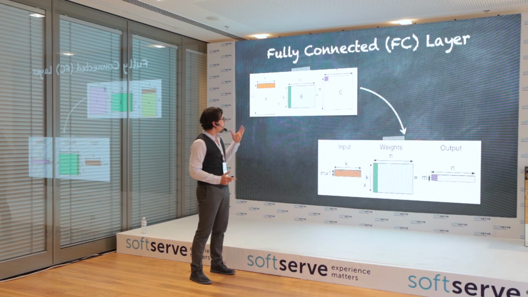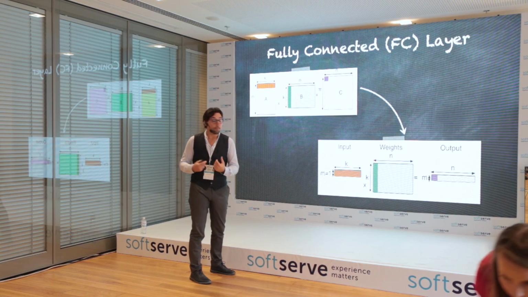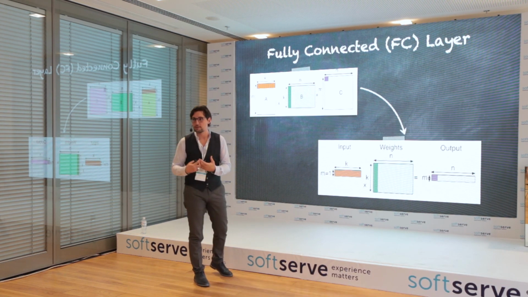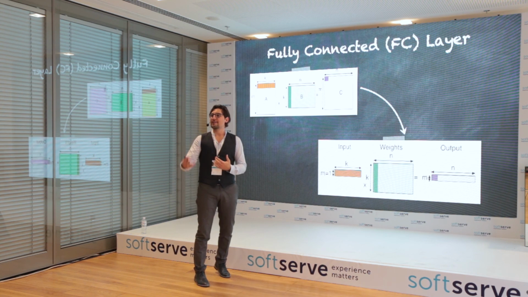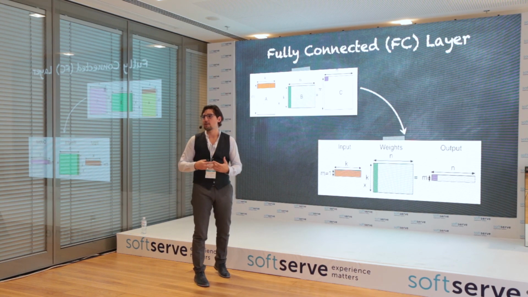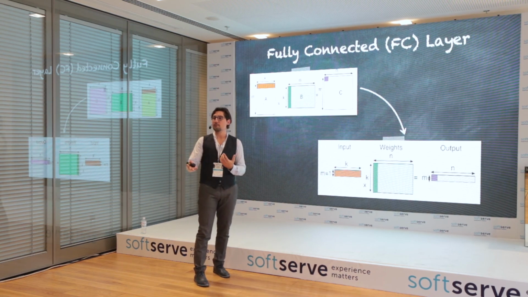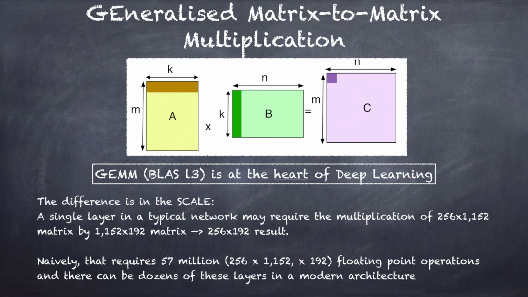So I want to explain why GEMM is at the heart of deep learning, and the general idea I want to give you is that if you take a look at deep learning, in the very end, it's a lot of matrix multiplication. And that's why you want to have GPUs running, because you have more cores running there.